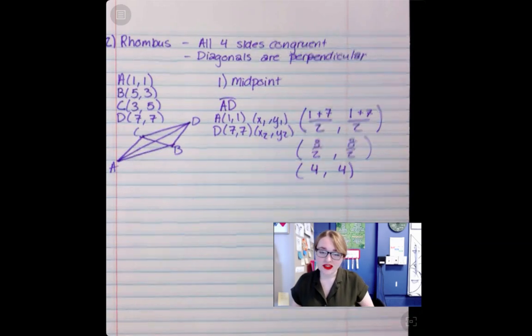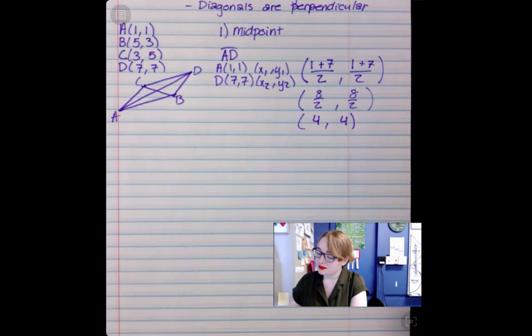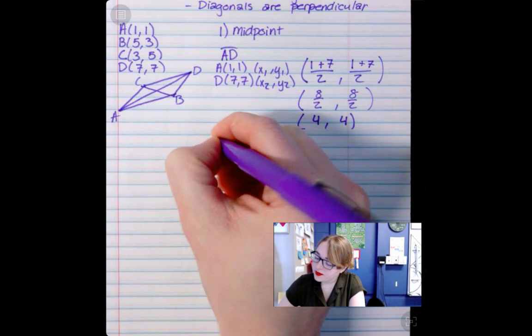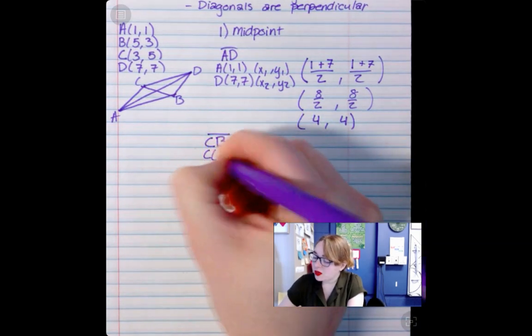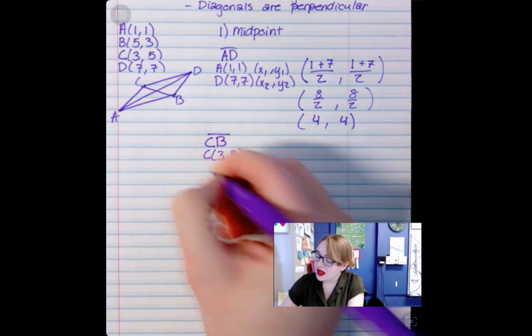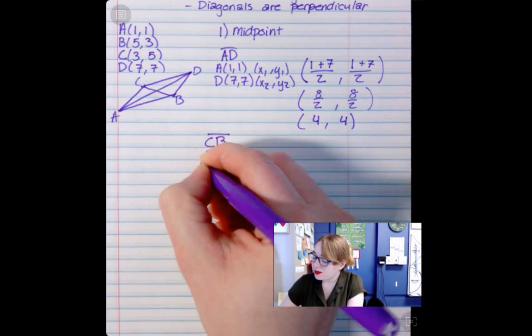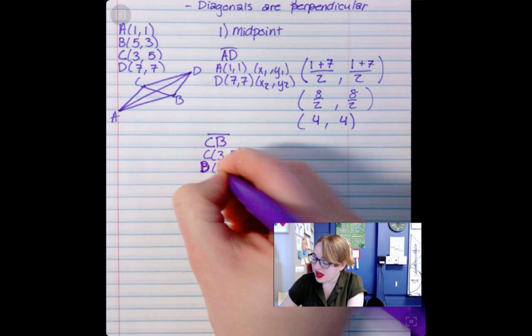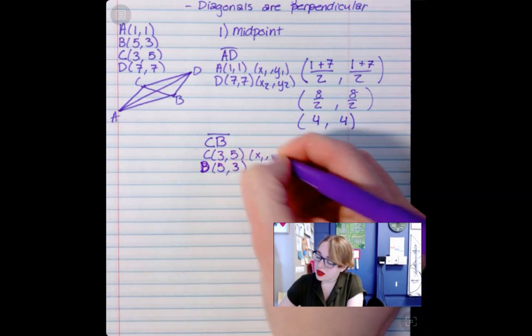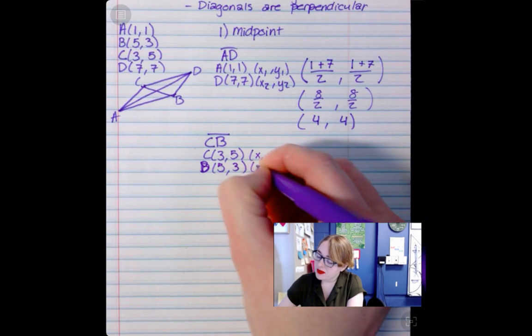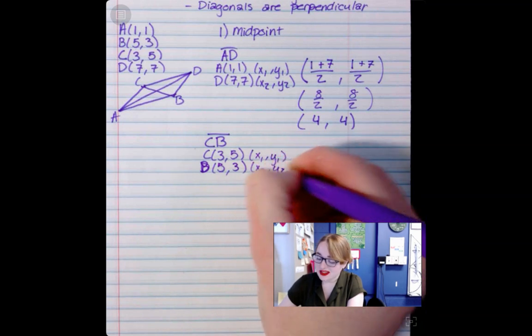Let's check it with our other diagonal, C to B. Okay, so C is at 3, 5 and B is at 5, 3. Okay, so I'm going to pick C to be my x1, y1 and B to be my x2, y2. It does not matter.